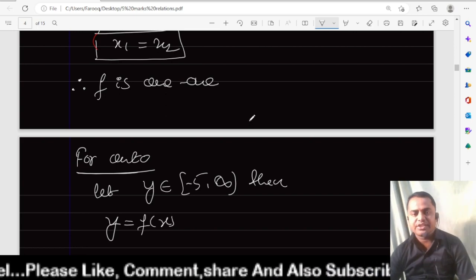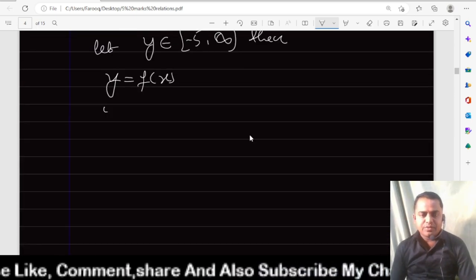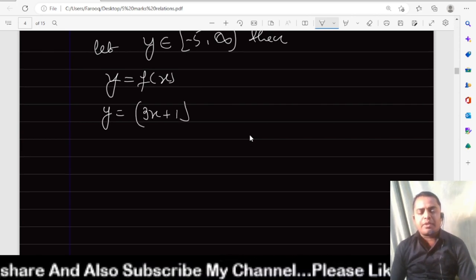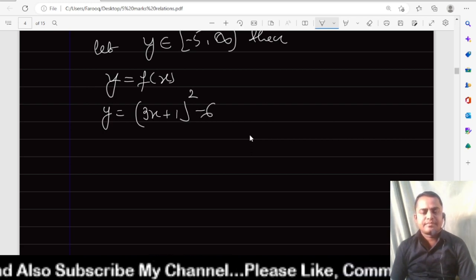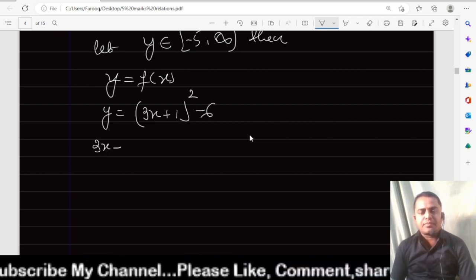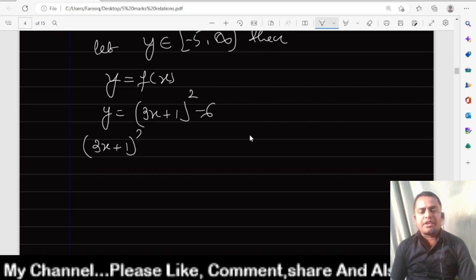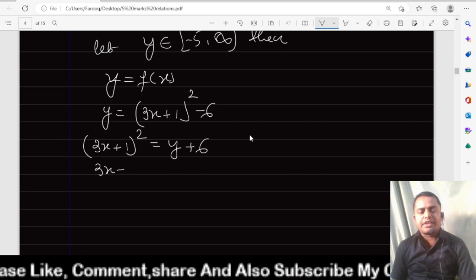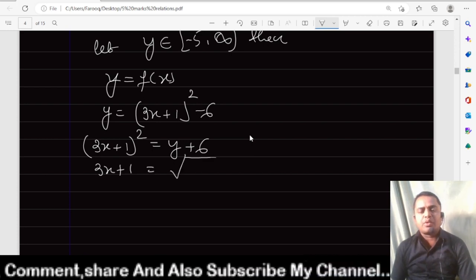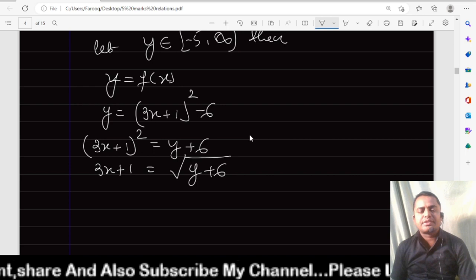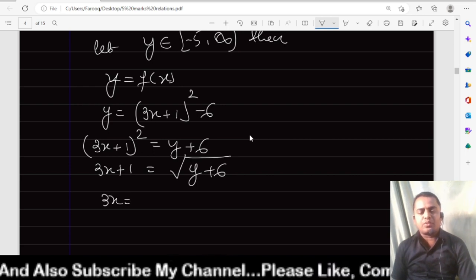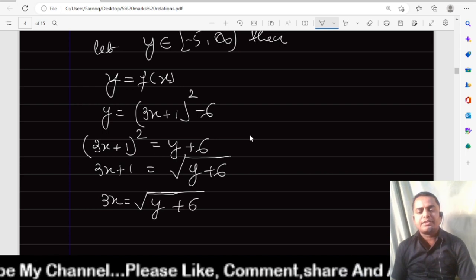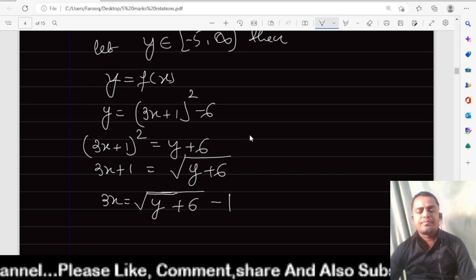What is the value of f of x? Then y is equal to (3x plus 1) bracket square minus 6. Now (3x plus 1) bracket square is equal to y plus 6. Now 3x plus 1 is equal to the square root of y plus 6. Now 3x is equal to root of y plus 6 minus 1.